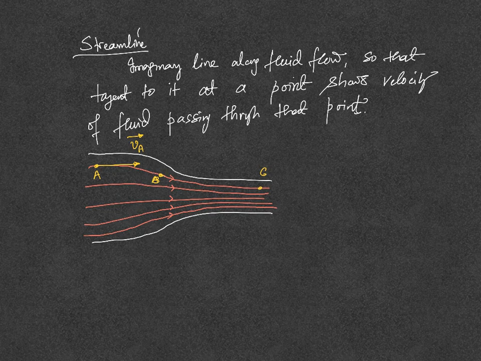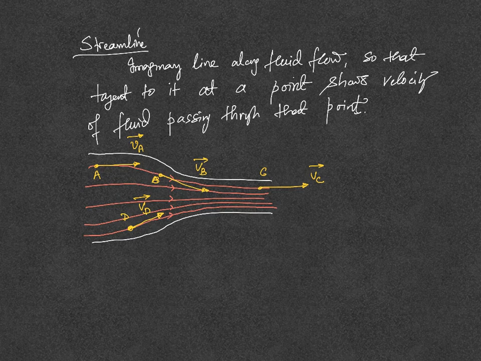So at B, the velocity vector of the fluid particle is VB, tangent to the streamline at that point. At C, the velocity is VC, tangent to the streamline at that point. Say another point, D here. The velocity vector of the fluid at point D is Vd, tangent to the streamline at point D. So that is the concept of a streamline.